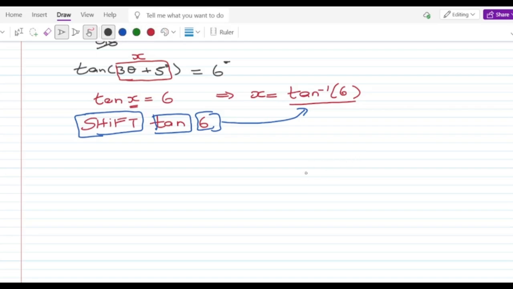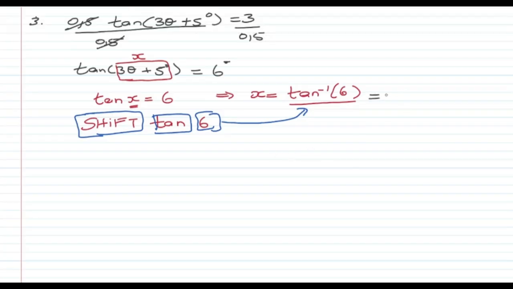So the value of x, when we say shift tan, is 80.54. So now remember, my x is what? 80.54. So if x is 80.54 degrees, what is the next step?